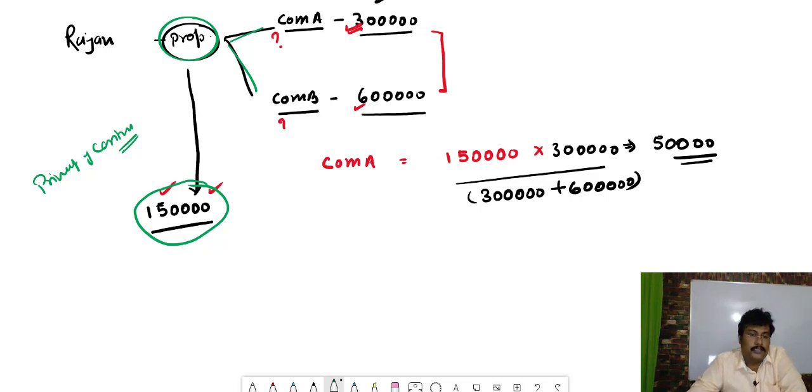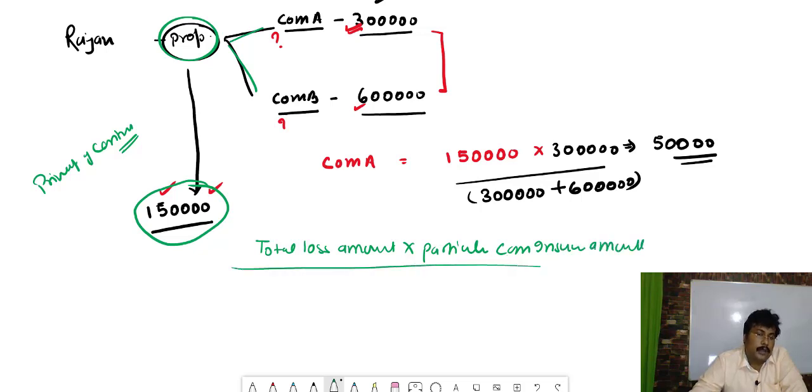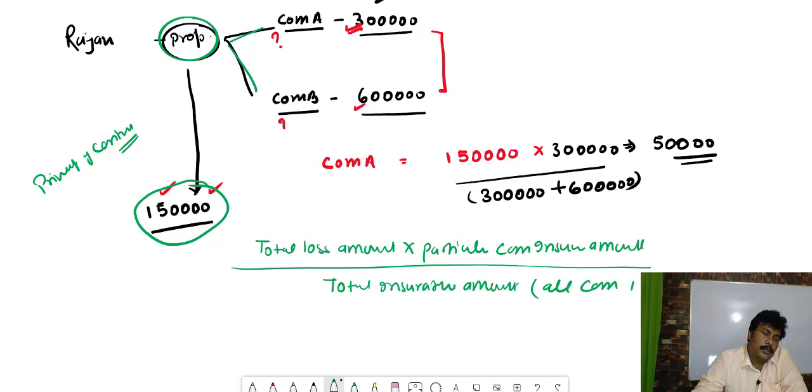For that there is one formula: total loss amount into the particular company's insurable amount, whichever company you take, divided by the total insurable amount of all companies.